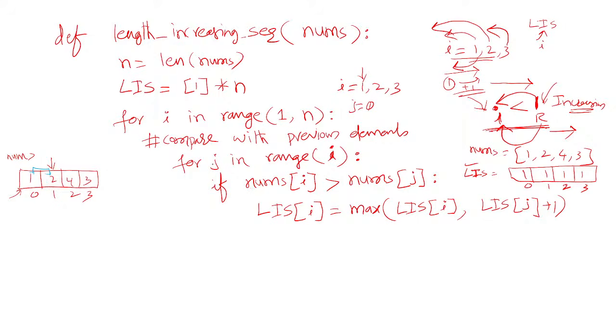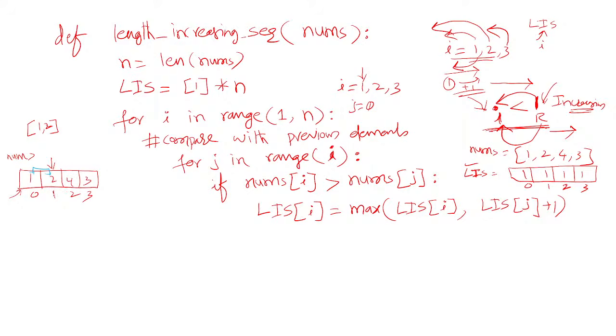So now see here. If nums of i, i value is 1, so nums of i is 2. 2 greater than nums of 0, 2 greater than 1? Yes. So that means 1, 2 are forming an increasing sequence. So then what we do is we update this.